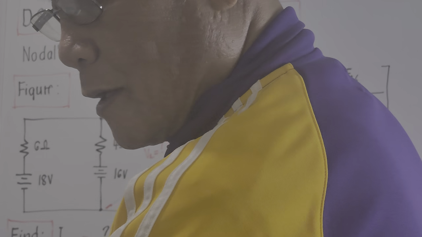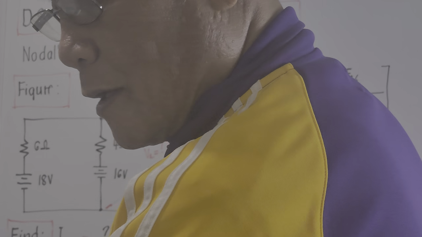If we short out the 16 volt source, the direction of the solution is that we must compute the voltage across this. So we could compute the current passing through the 24 ohm load due to this 18 volts.